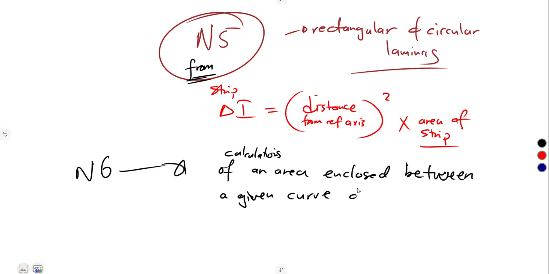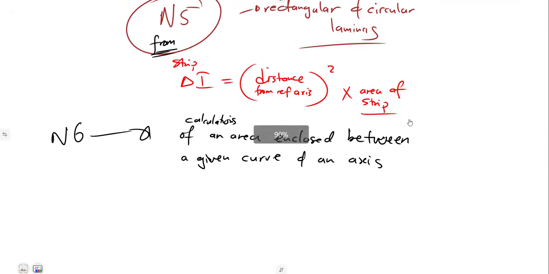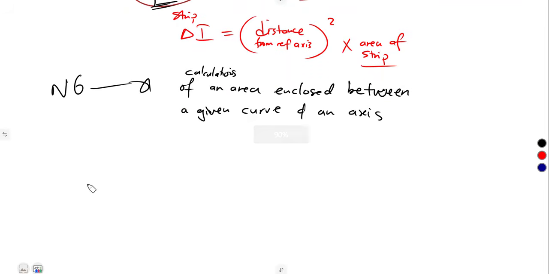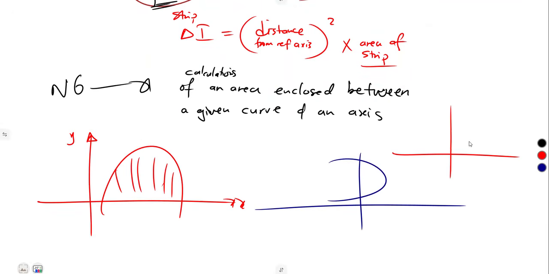So we can have that curve and an axis. So now we are considering these calculations on a curve, and in this case, we're going to consider something like this. Let's say this is the curve, between the curve and the x-axis, or it can be between the curve and the y-axis. So that is the consideration. Or we can actually have something like this where there are actually two curves that we are having.